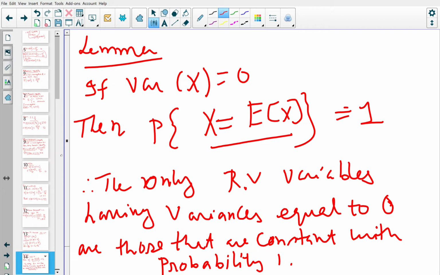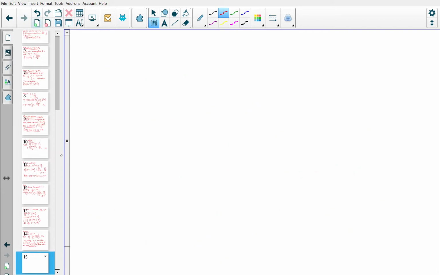I am avoiding the major theoretic point of view. I am giving the simple things. So if the variance is 0, then the random variable must be constant, and it takes the value expectation of x. Now how to prove this kind of statement using Chebyshev inequality?